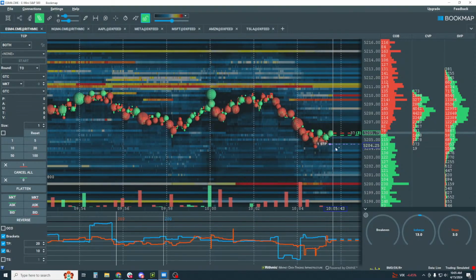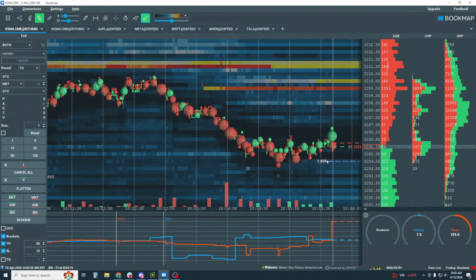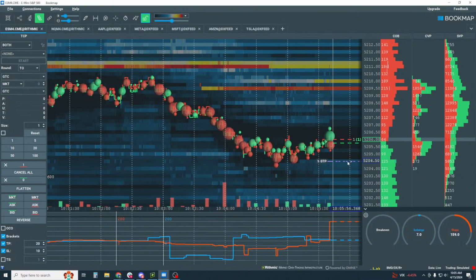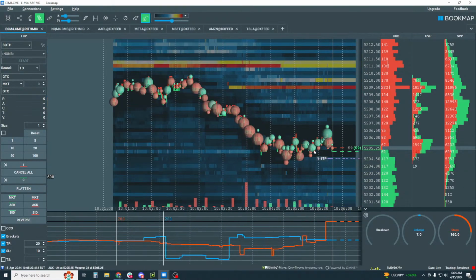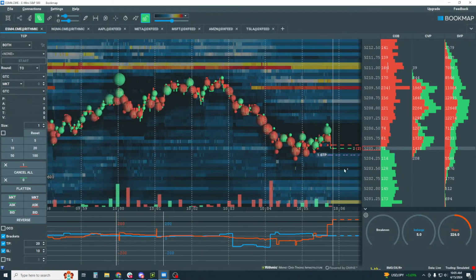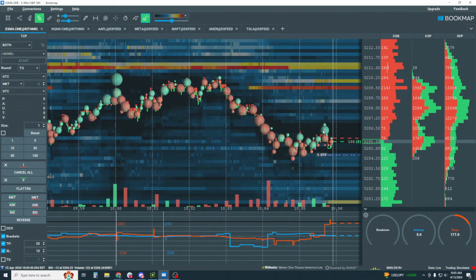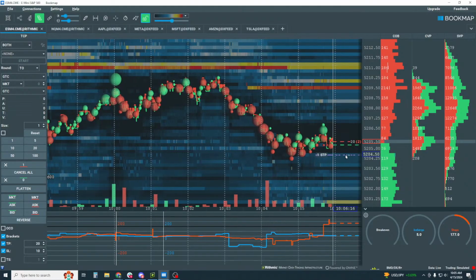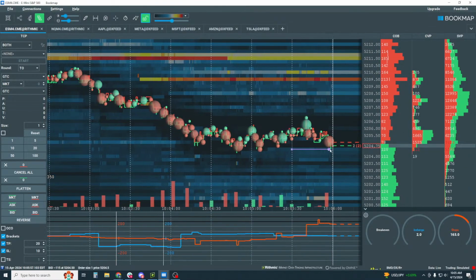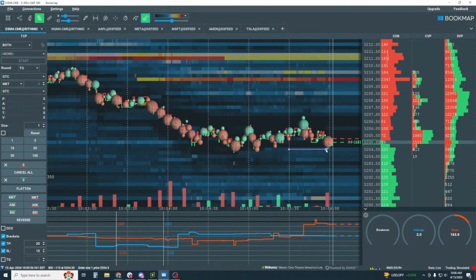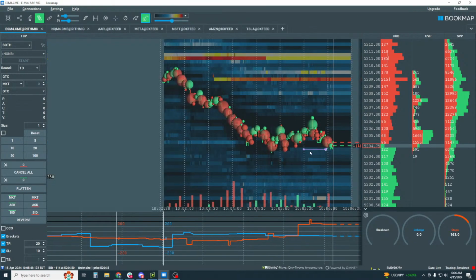We're getting a bit of a pullback, but we're looking for follow through on that sell side to trade into here and through it. We may even cancel this one if we don't see those sellers. In fact, I think I will cancel it. I'll just use my mouse as a button and click on it there, and the order is canceled. As you can see, this is where I entered it, and this is where I just canceled it.